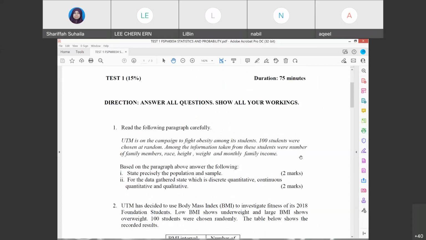Okay, and then 15 minutes too for you to scan and upload again in our Blackboard. Okay, so in case you have internet problems or anything, please mention it to me. Please send me a personal message. Okay, for that one. Maybe we will find another alternative for you to submit your solution.